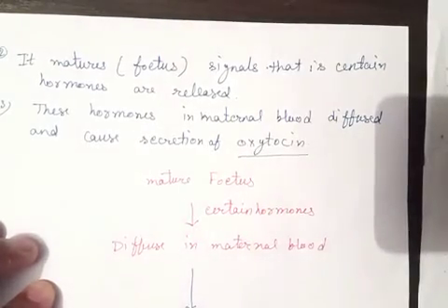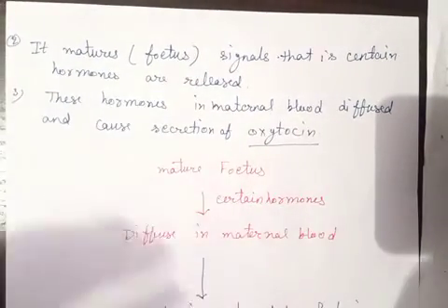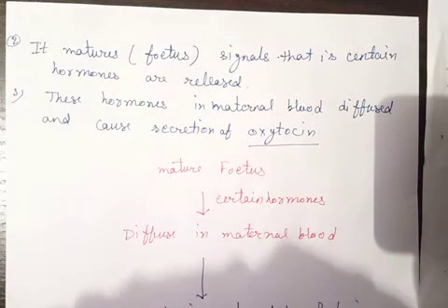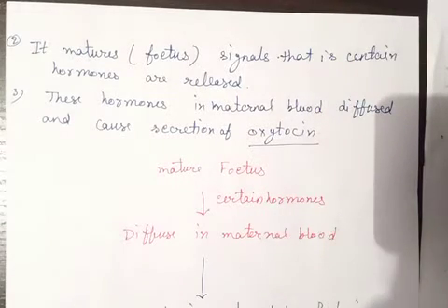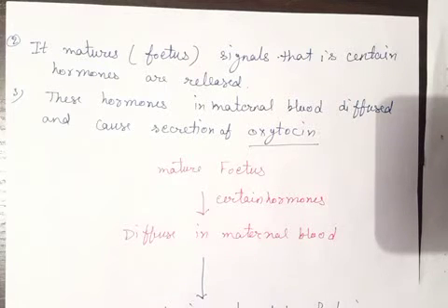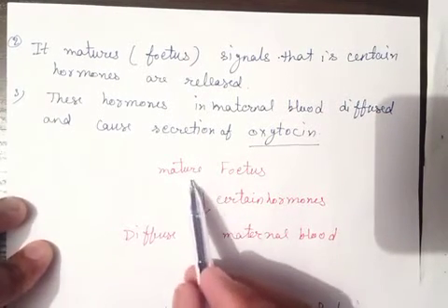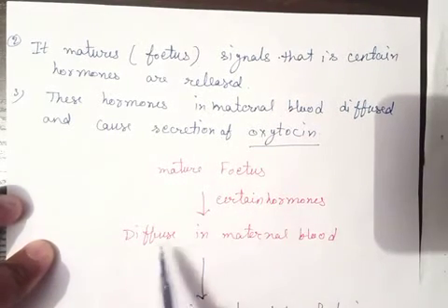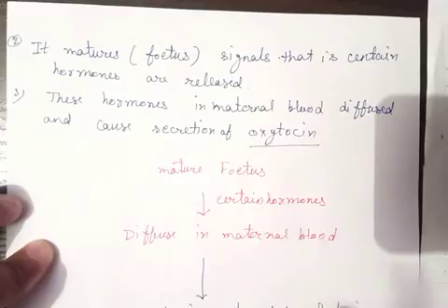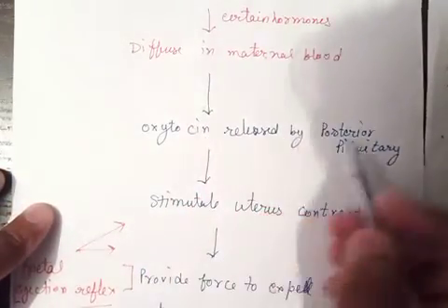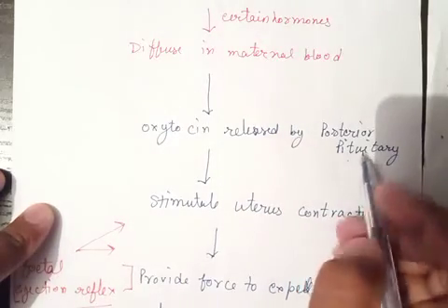We know oxytocin is a hormone released by the maternal body during pregnancy, and it stimulates the uterus. So here, when the mature fetus releases certain hormones which diffuse into the maternal blood, it results in oxytocin being released by the posterior pituitary of the mother.